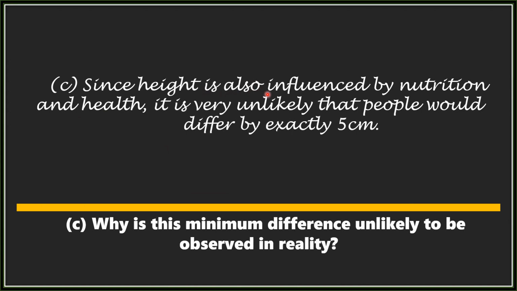Why is this minimum difference unlikely to be observed in reality? Since height is also influenced by nutrition and health, it is very unlikely that people would differ by exactly 5 centimeters.